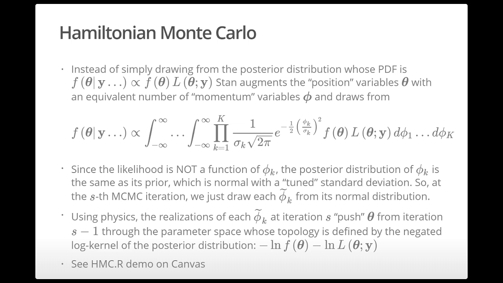But we're able to simulate Hamiltonian physics on a computer, where the realizations of the momentum parameters phi push the location parameters theta to a new location in the parameter space that's endowed by a topology that has the log kernel of the posterior distribution that we want multiplied by -1.